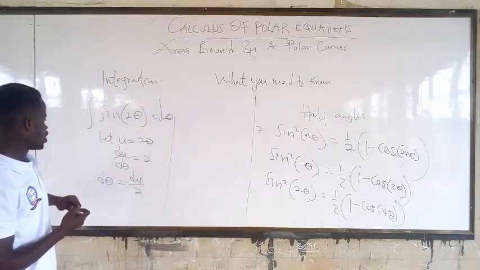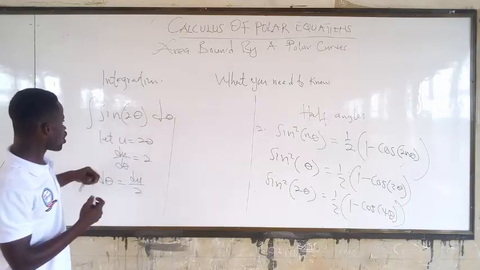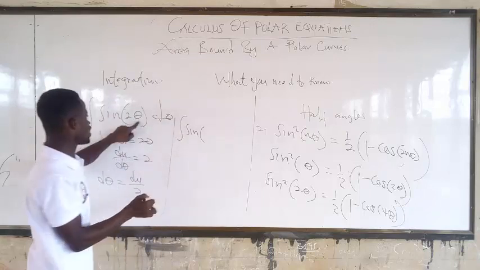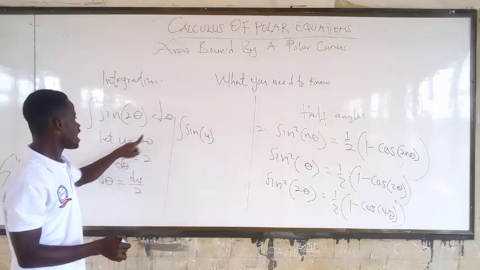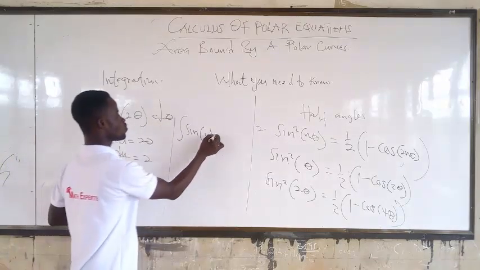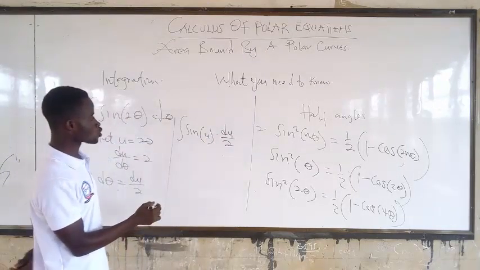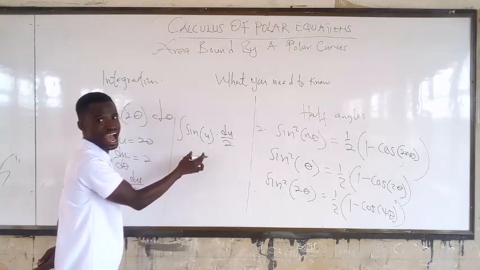I want to show something to you. Here, you do the substitution back. The integral of sine, and the whole of it is u. And the theta here is what you made the subject, which is du over 2. Now you can see there is a constant, half.